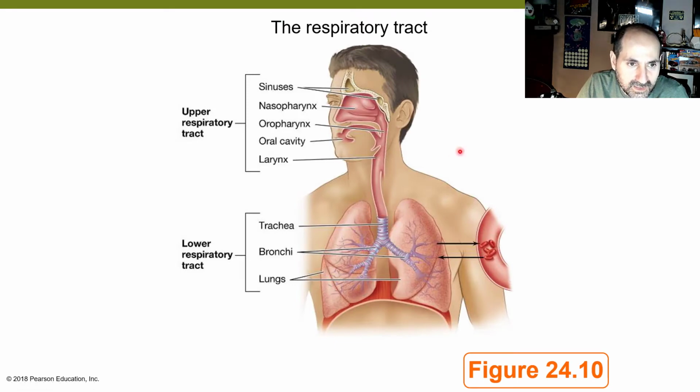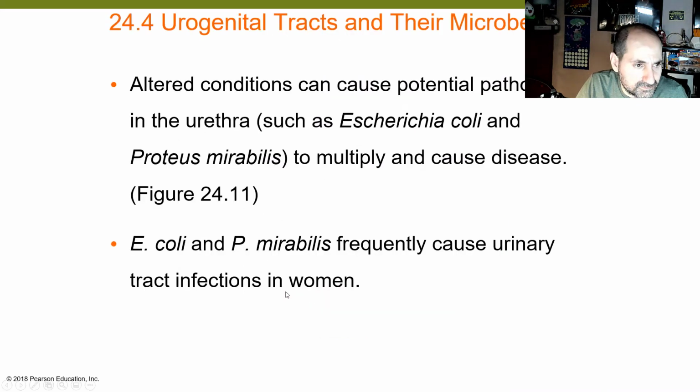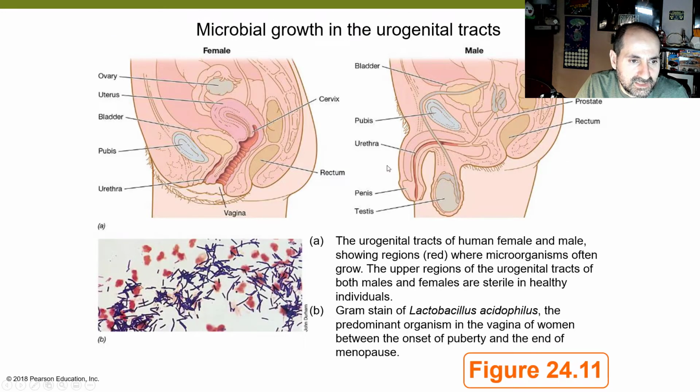So again, up here you should find microorganisms, but they get flushed out of the nasal passage or down to the stomach. And then down here, the lower respiratory tract, you should really find no microorganisms thanks to our mucociliary blanket. You should know about UTI infections. That's when bacteria make their way into the urethra, which they should not be. And this is more common in females than in males.